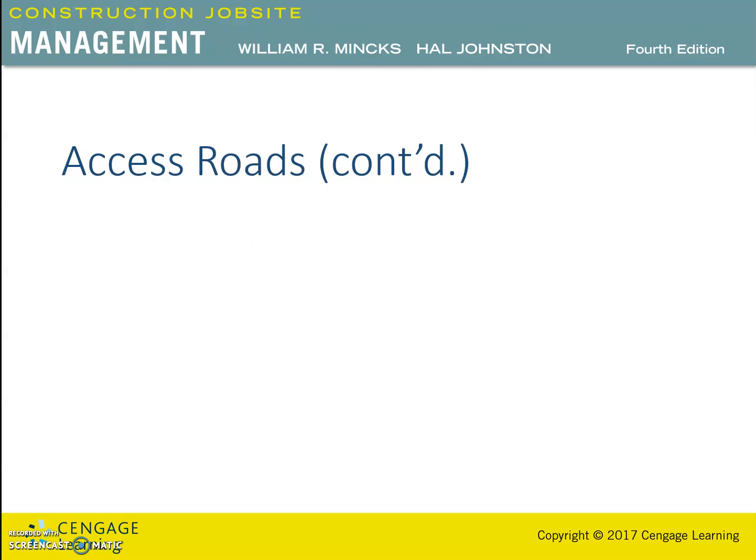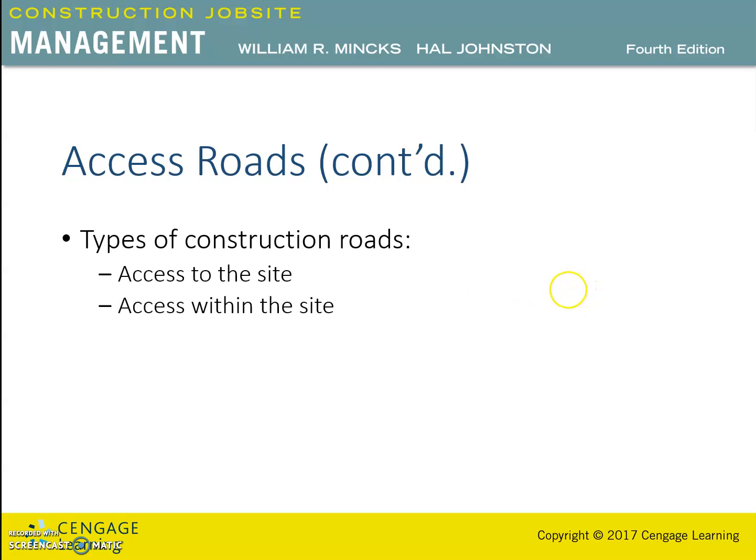So for example, for the access to the site, the construction site is not always immediately accessible by public roads and streets. Roads often need to be constructed from the nearest public roads to the new facility.